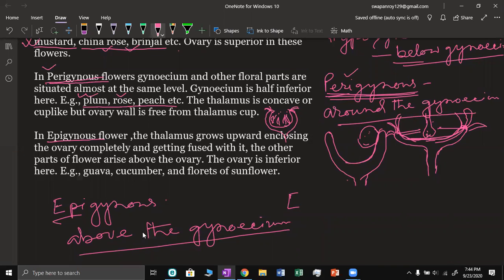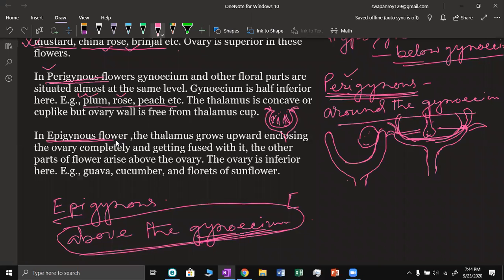Okay. So above the gynoecium, in this case, what happened? The gynoecium or the ovary is quite below, and the calyx, corolla, androecium are above the level of the gynoecium or above the level of the ovary. So it is called epigynous.